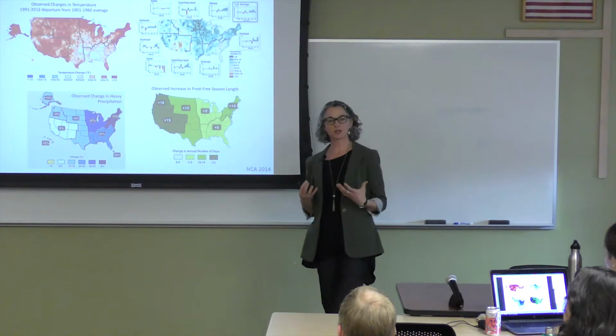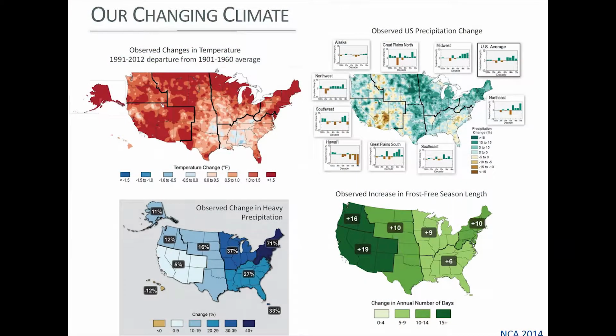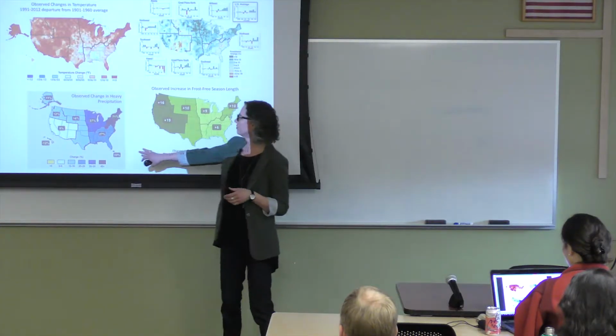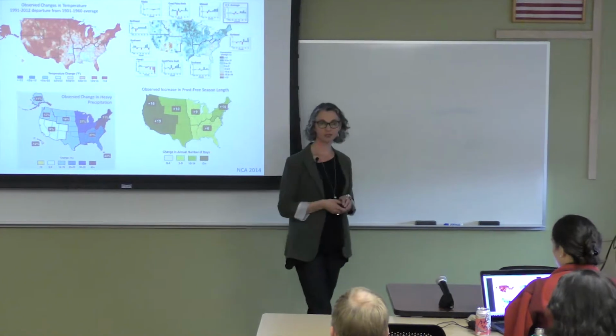So we know our climate is changing. Some of the major climate changes that we're thinking about in terms of forests and helping forests adapt to future climate are, of course, changes in our temperature, changes in precipitation regimes, changes in the length of our growing seasons, and this particular diagram is showing changes in heavy precipitation events.